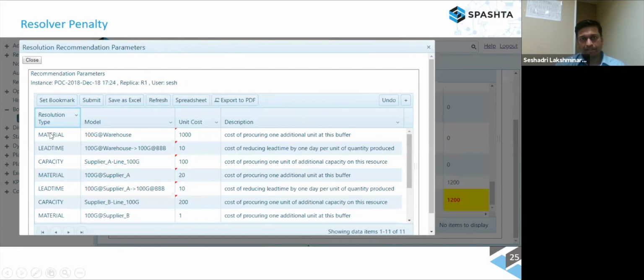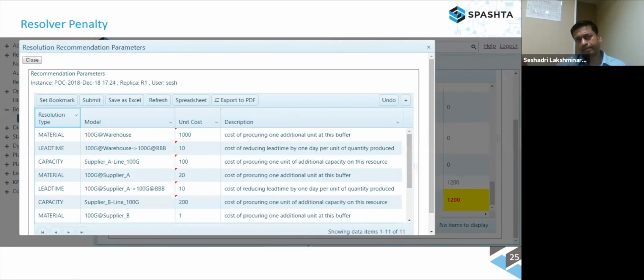I can get material at the warehouse itself, but there is a cost associated with it. Or I can shrink the lead time, there's a cost associated with it. I can add capacity for a given supplier, cost associated. And then supplier material is also there, there's a cost associated. So these are penalties that we put. These could be actual costs or just penalties.